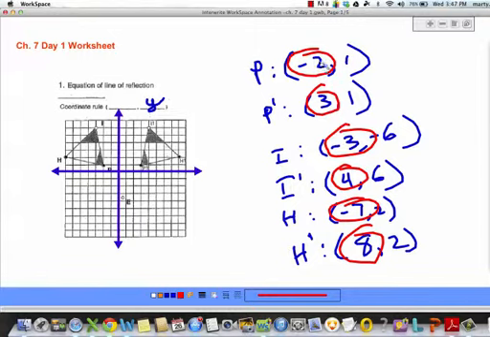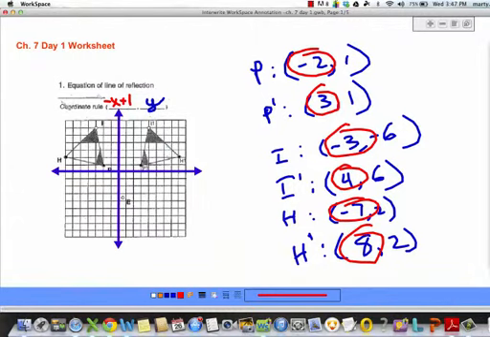Some people like to say we change the sign and then add 1, change the sign, add 1, change the sign, add 1. If we're changing the sign, we're saying we're doing -x plus 1. So that would be the coordinate rule for how we got from this triangle to this triangle.